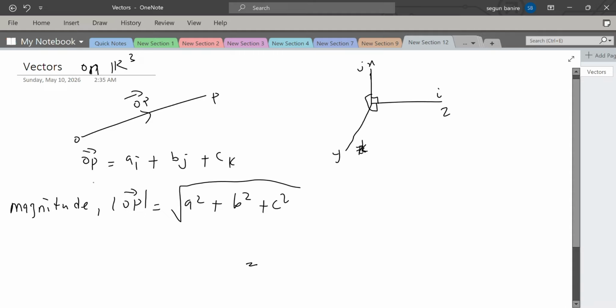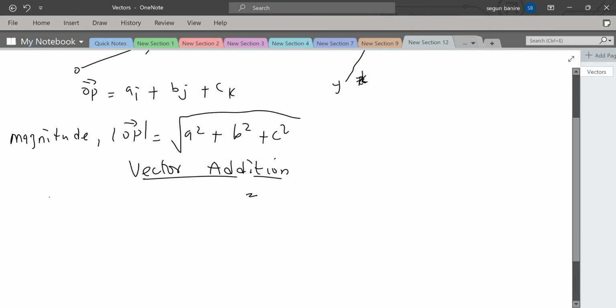Okay, so let's talk about vector addition. Let's do an example.